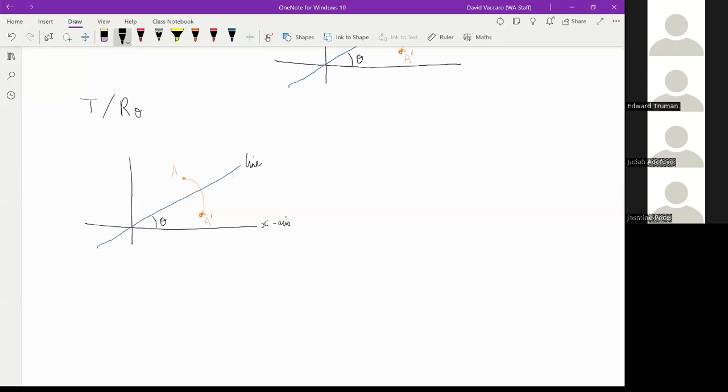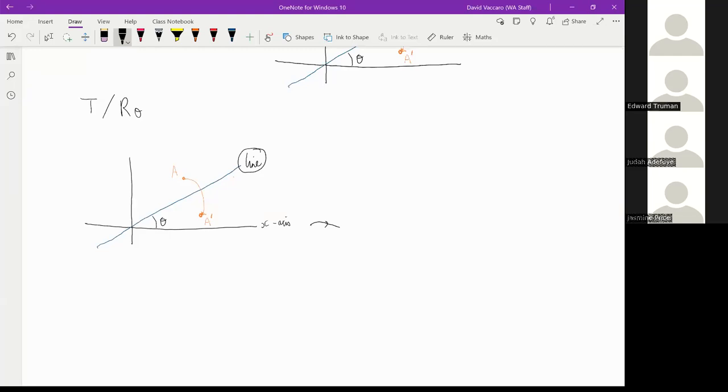So can anyone suggest what we could do to turn our line into the x-axis? What transformation could we do to map this line onto the x-axis?